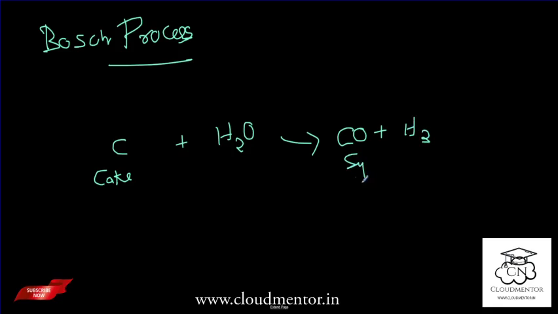As the reaction I can show here, we use carbon in the form of coke, and the coke reacts with superheated steam, giving syngas or synthesis gas or water gas, that is the combination of carbon monoxide and hydrogen.